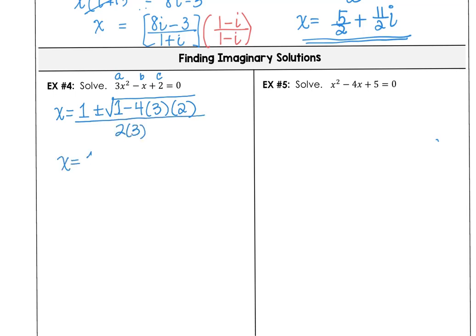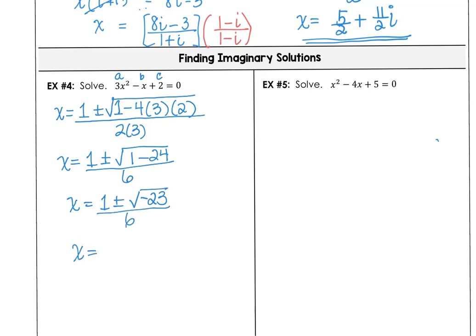So our discriminant is 1 minus 24, so that's going to be negative 23 divided by 6. x is 1 plus or minus the square root of negative 23 divided by 6.